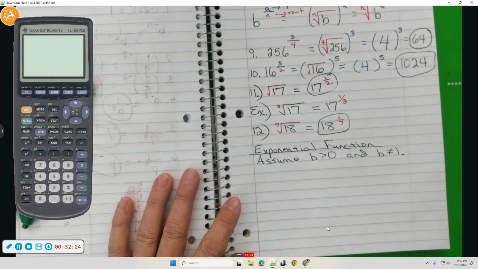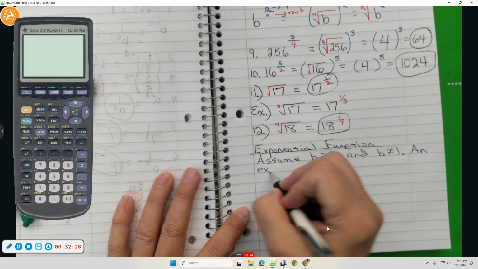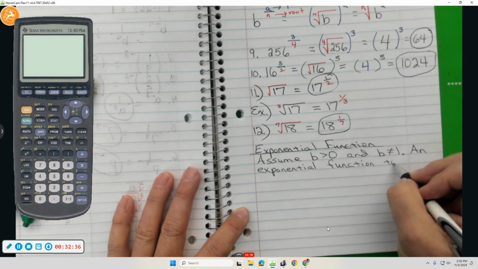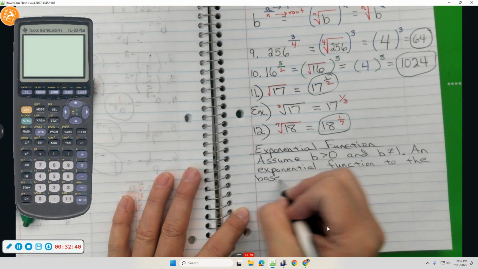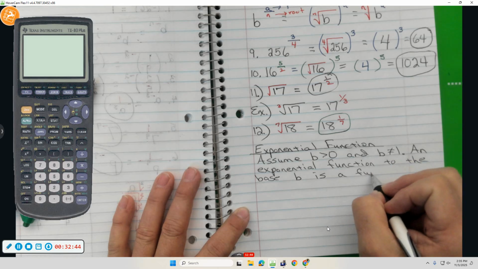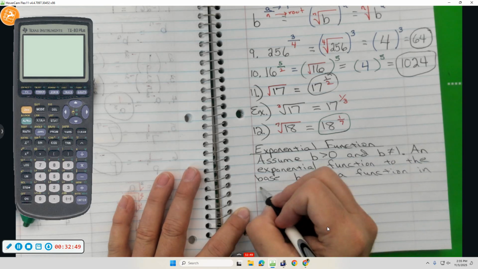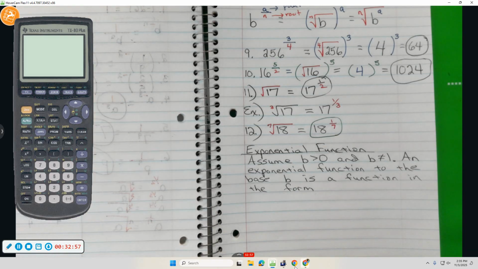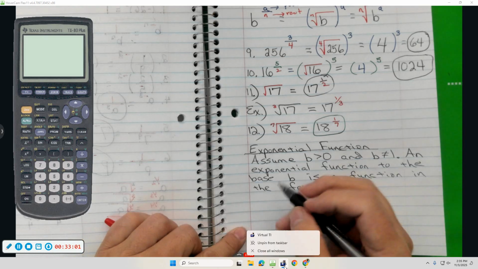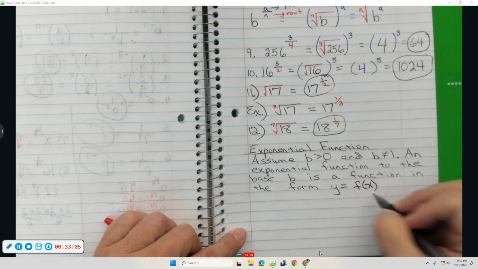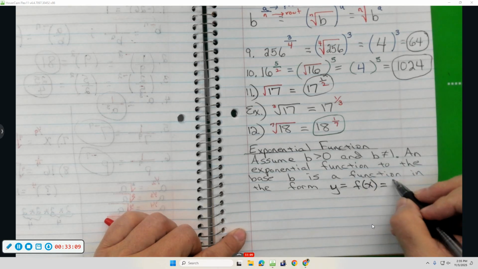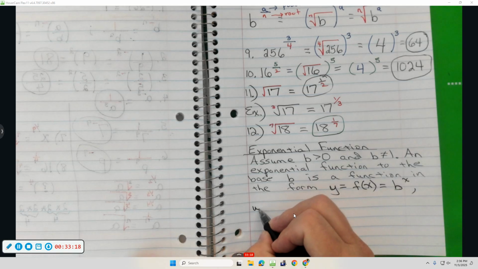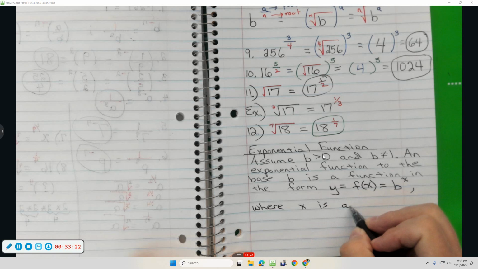An exponential function to the base B is a function in the form y equals, or f of x equals, remember y and f of x are the same thing, b to the x, where x can be any real number. But B has to be a positive number, but not 1.